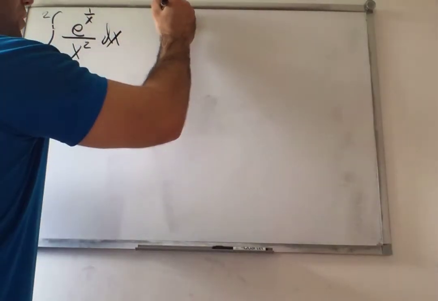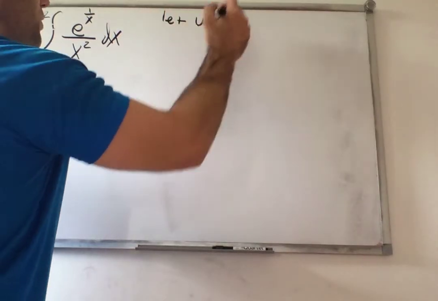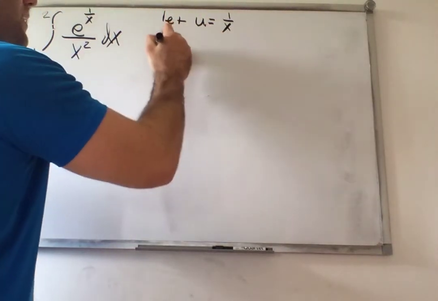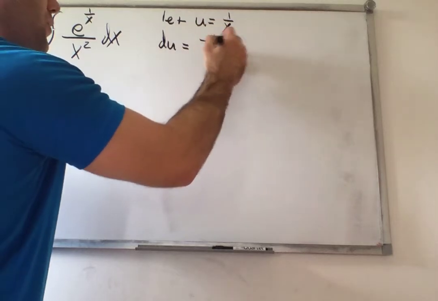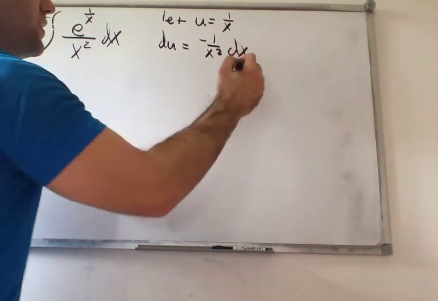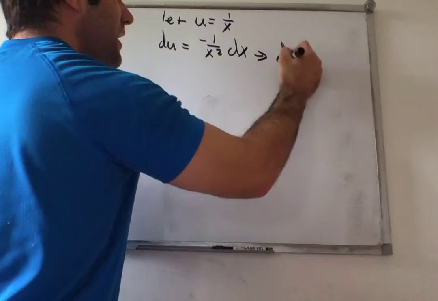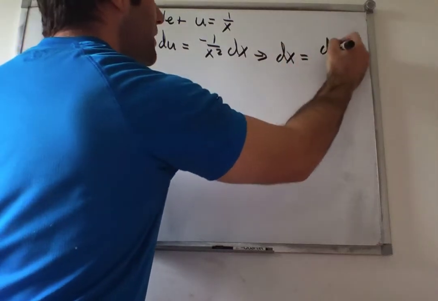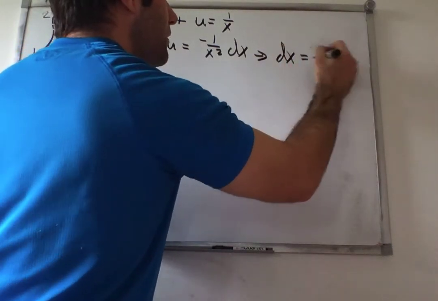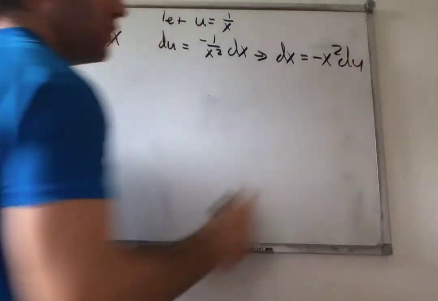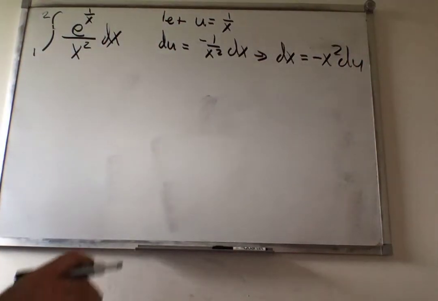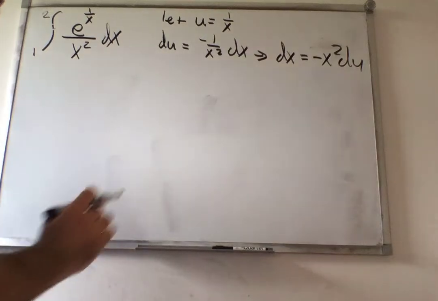So, I'm going to let u equal 1 over x. That means du is going to be negative 1 over x squared dx. So then when I solve for dx, I get negative x squared du. Just multiply both sides by negative x squared.